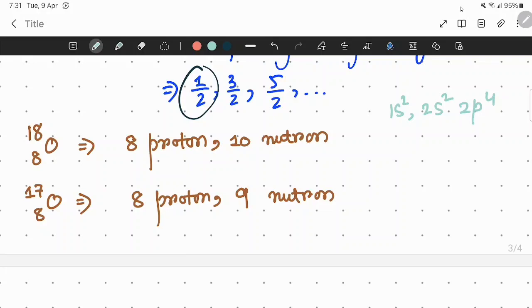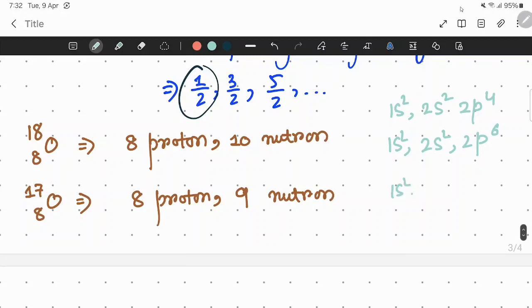And 10 neutrons will be 1s2, 2s2, 2p6, like this. Similarly here as well. It is not directly like this, just for understanding I'm considering like electrons. 2p4 is the same, but here it is 2p5.